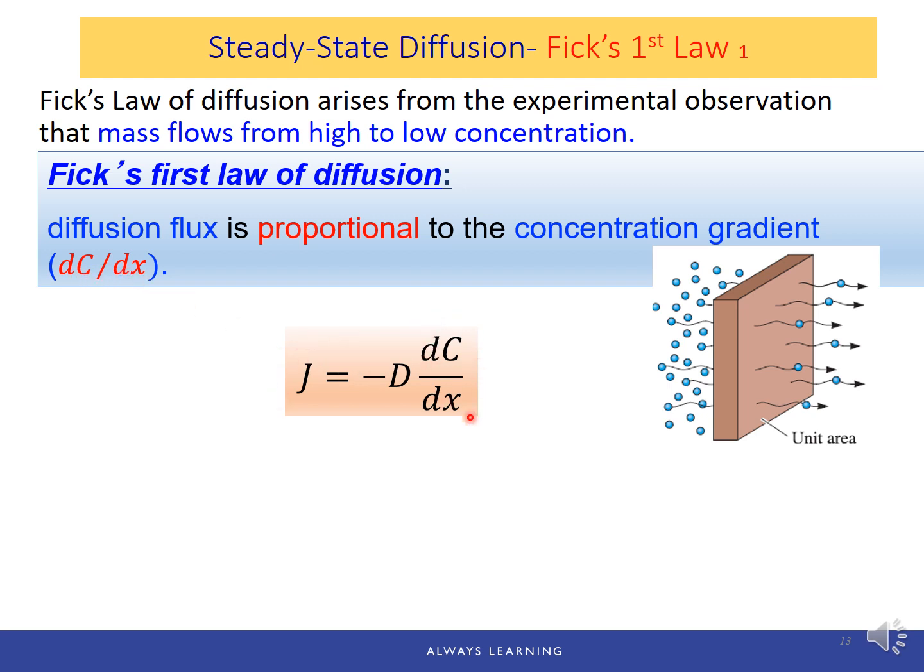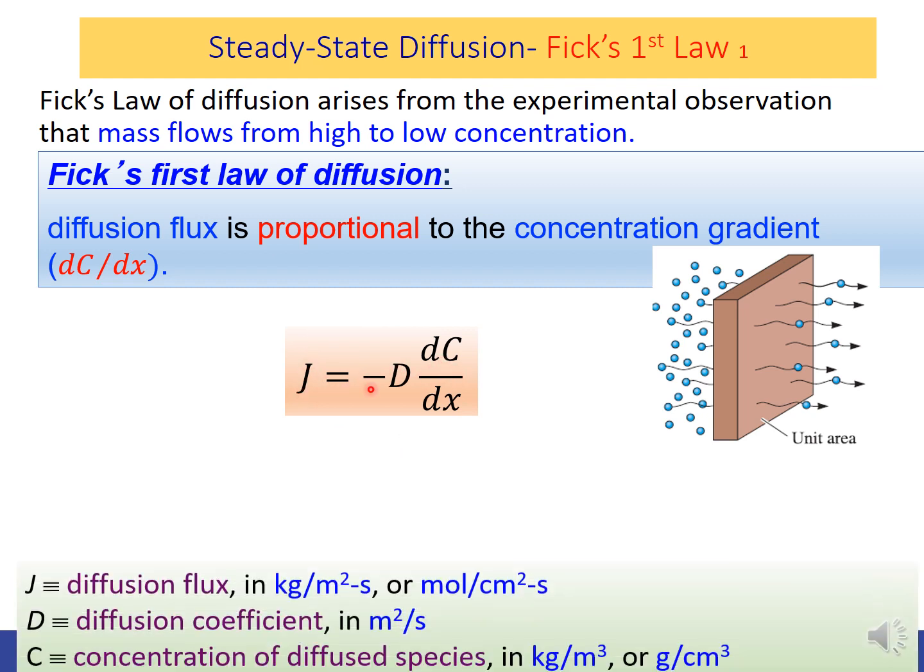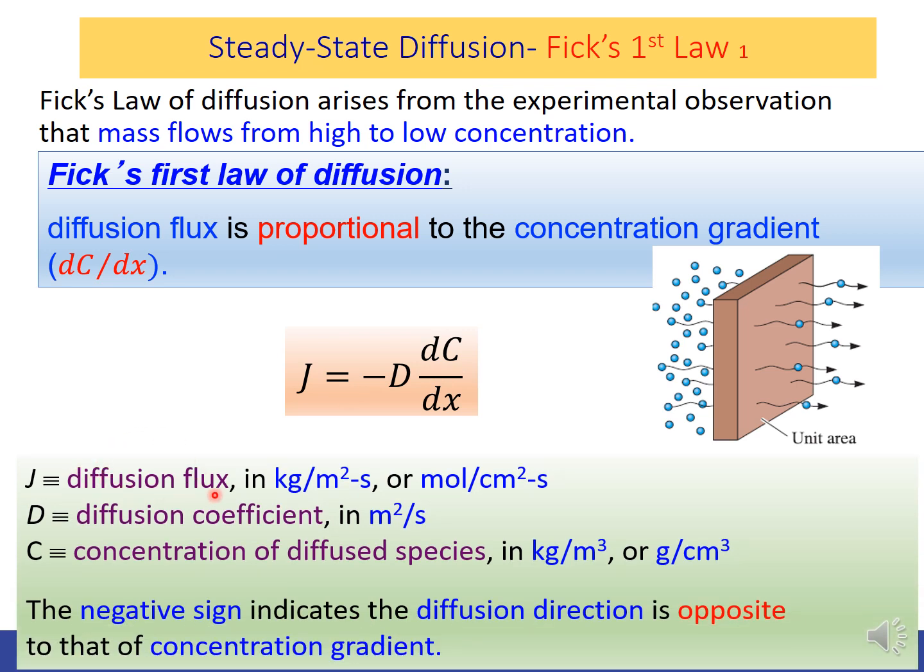In math expression, J equals negative D times dC over dx, where J is the diffusion flux in units of mass per unit area per unit time. D is the diffusion coefficient with the unit of square meters per second.